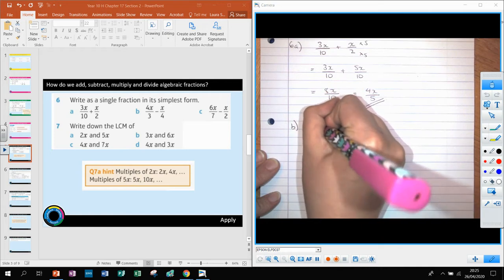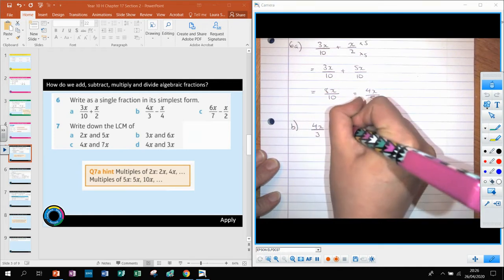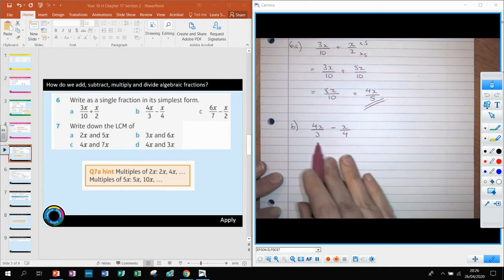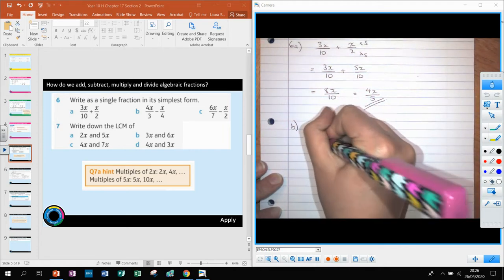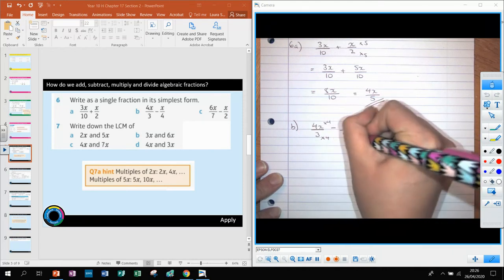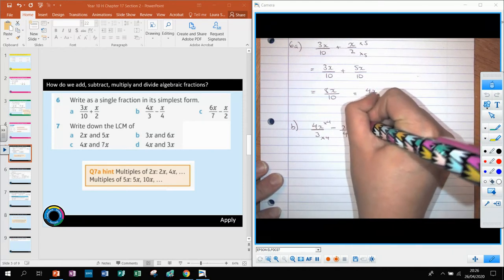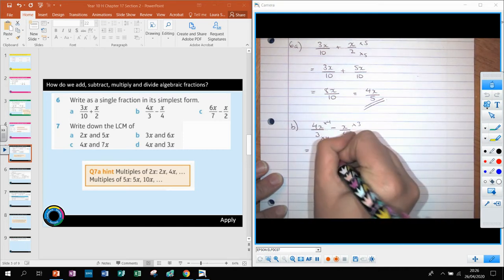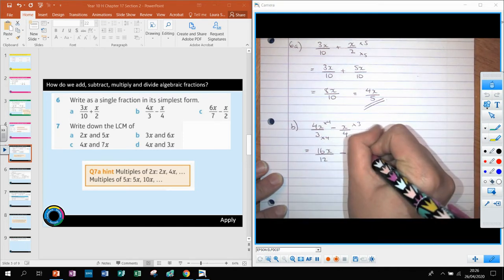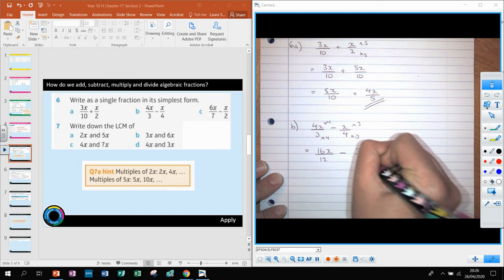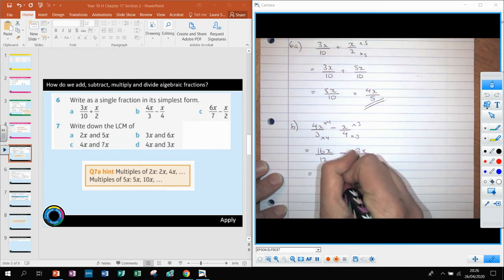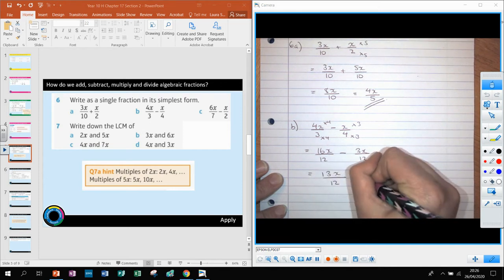Part B, 4x over 3 minus x over 4. In this case, we'd like 12 to be our common denominator. So we're going to multiply by 4 and then by 3. That is going to give us 16x over 12 minus 3x over 12, which will give us 13x over 12.